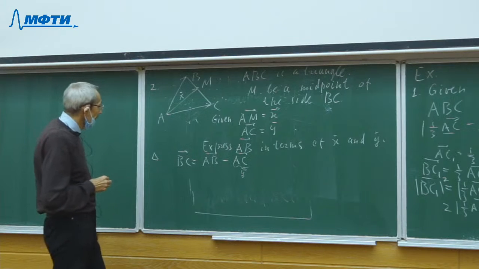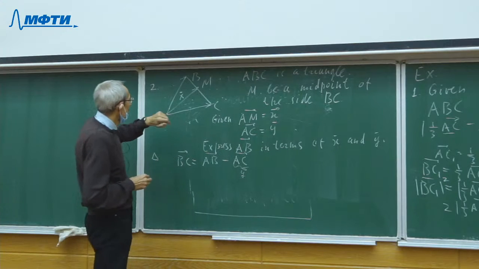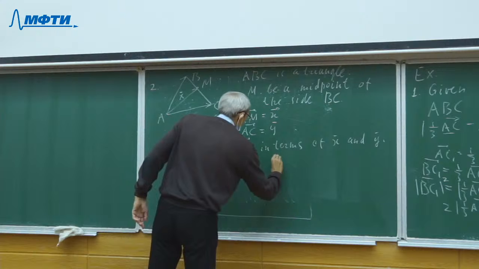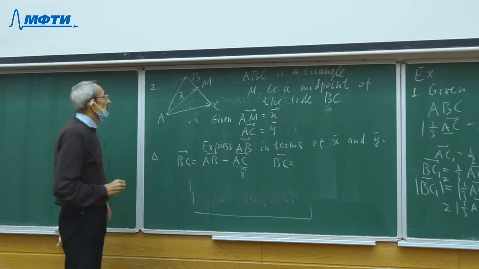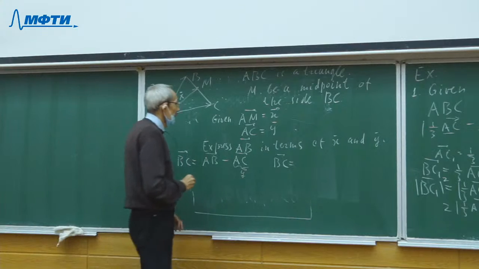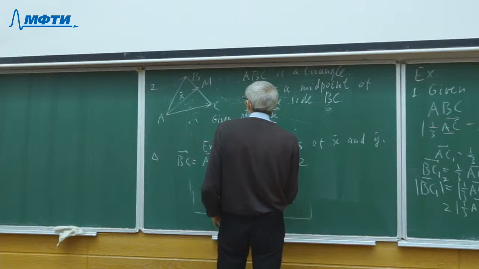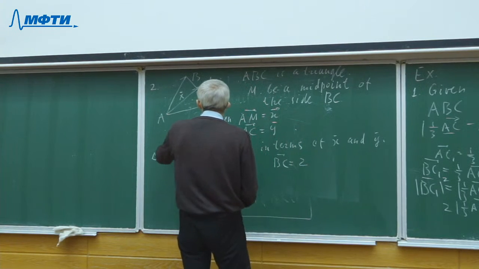We can see that vector CB is equal to the difference AB and AC.